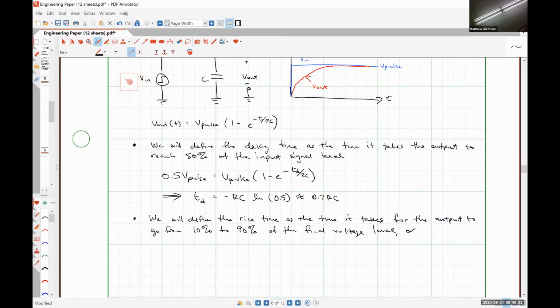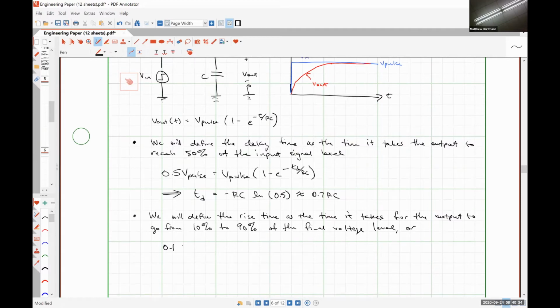So we know that 0.1 V pulse is equal to V pulse times 1 minus e to the negative t 10% divided by RC, which tells us that t 10% is going to be negative RC natural log of 0.9.